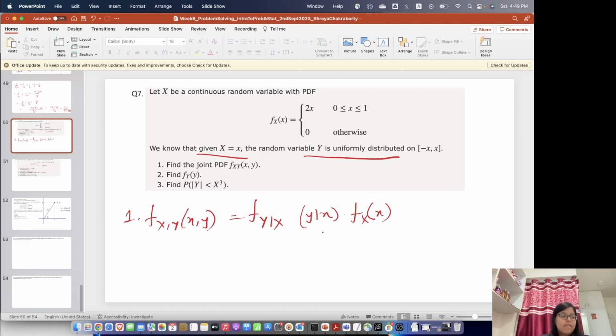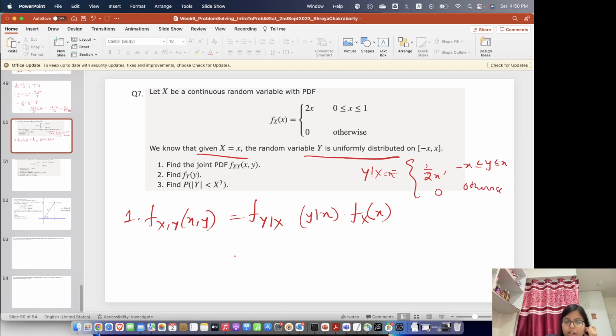So now y given x is 1 by 2x, when y ranges from minus x to x and 0 otherwise.